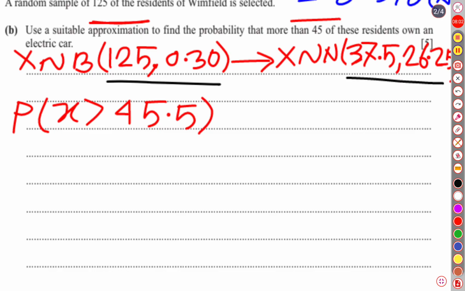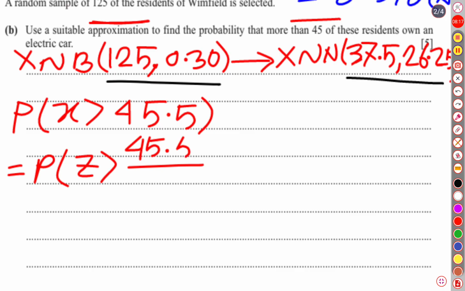Then we are going to standardize this score. If we standardize this score, it is going to be probability of z greater than 45.5 minus our mean value 37.5, over the standard deviation.